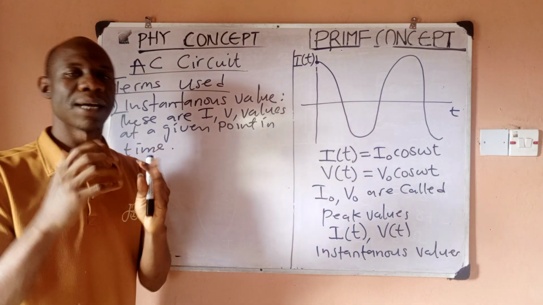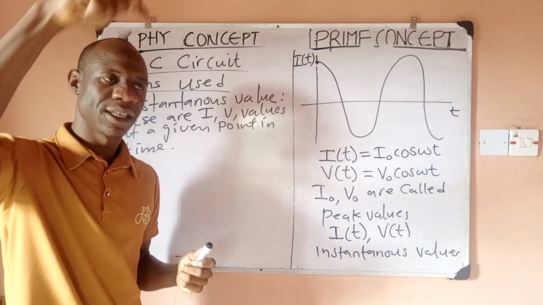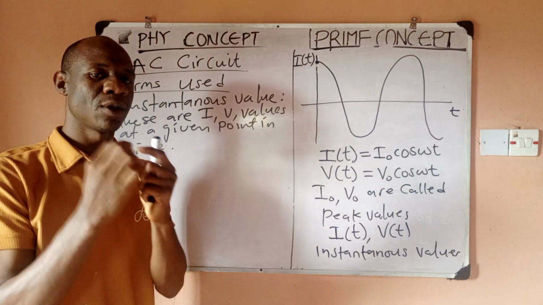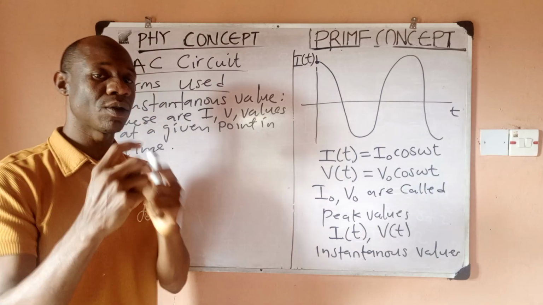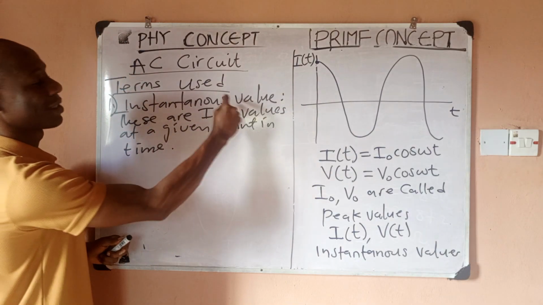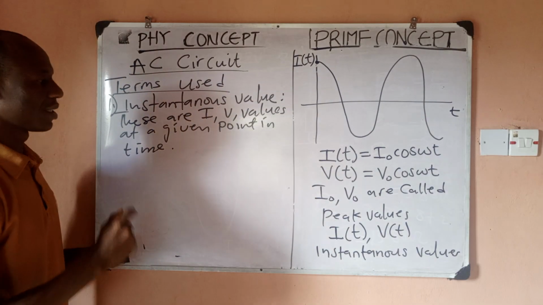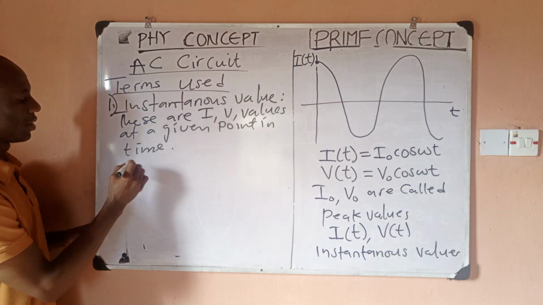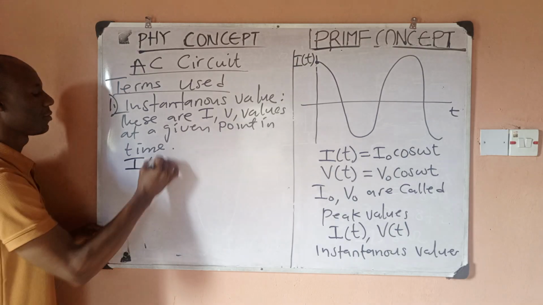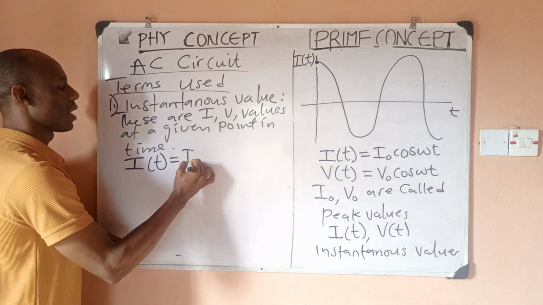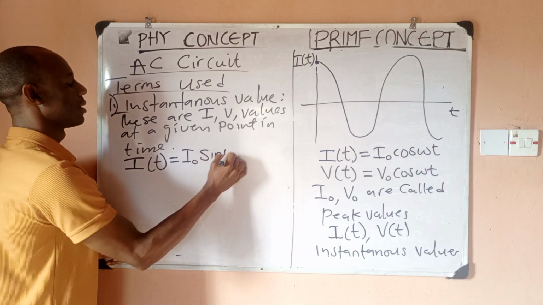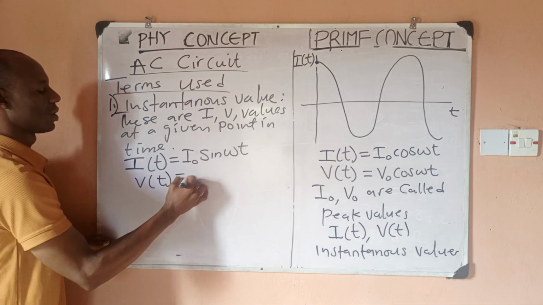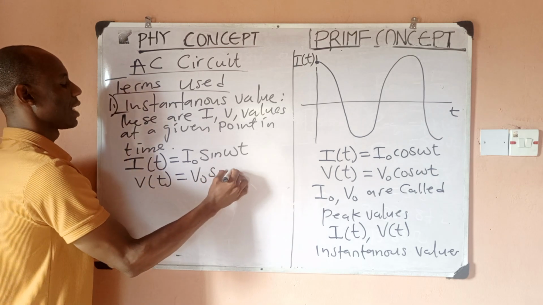So the current changes with time. So you are interested in tracking the current when it is 2 seconds, or when it is 5 seconds. At this particular point in time, the current you are tracking is what we know as the instantaneous value of current. And the instantaneous values of current and voltage are given by this equation: I equals I naught sine omega t, or for voltage, in the same way, V equals V naught sine omega t.